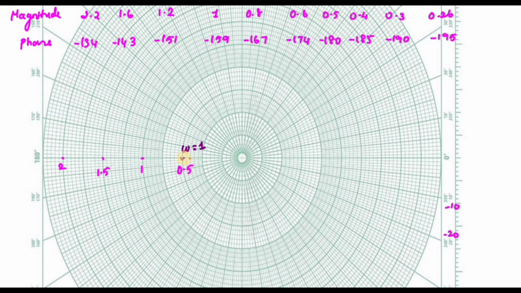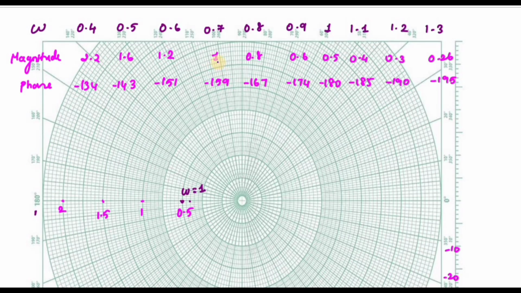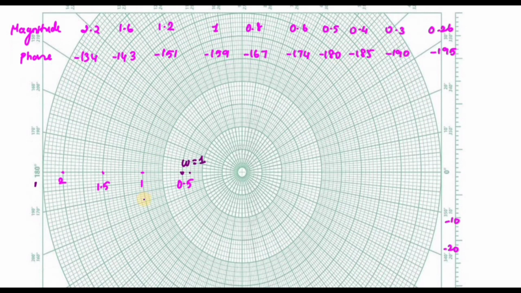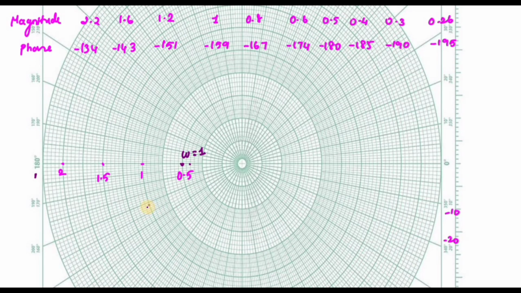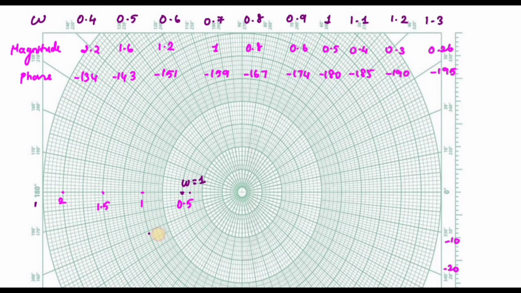So the omega value is 1 for this point. Similarly, when magnitude is 1, it is 1 at minus 159. So 159 is at this point. So at this point, what is the omega value? The omega value is 0.7.